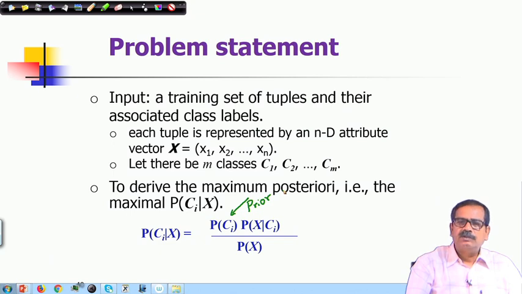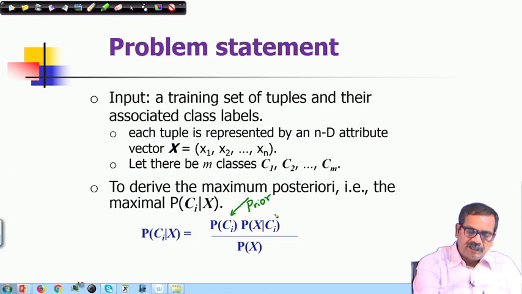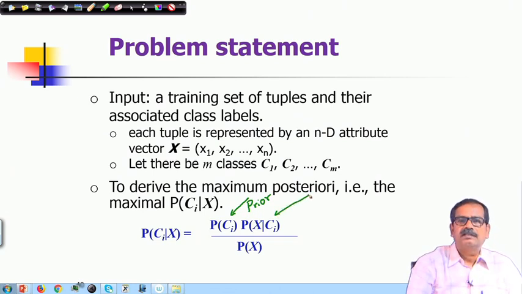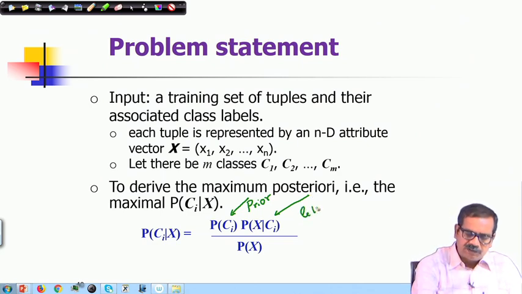But given the data distributions among different classes, we can compute how many times class instances are occurring among all the classes. So, that fraction can estimate this prior, and by observing the data distribution within the class itself, we can compute this probability density function, or probability of x given C I also. So, this term is called likelihood.